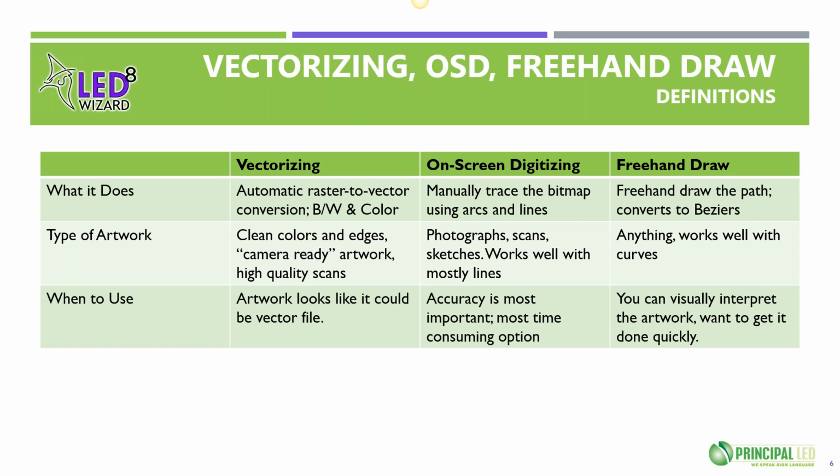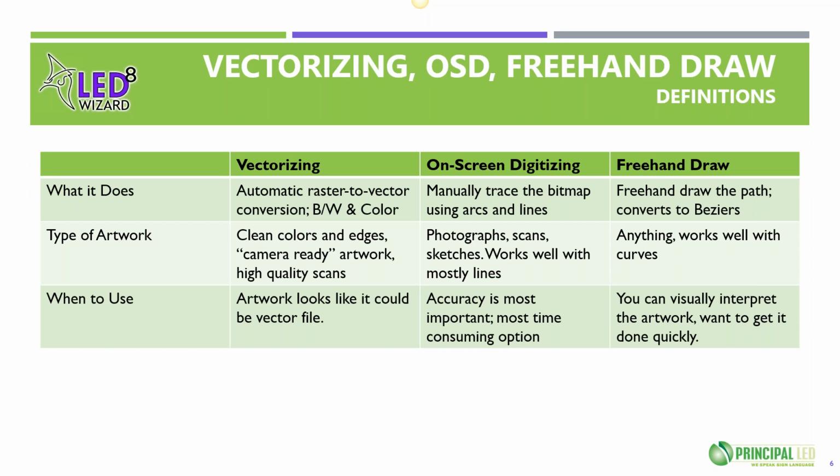It's a well-traveled path now, and it is the kind of feature that is also in other software that you probably have. Illustrator does this, Flexi does this, SignLab does this, et cetera. And we do it too.